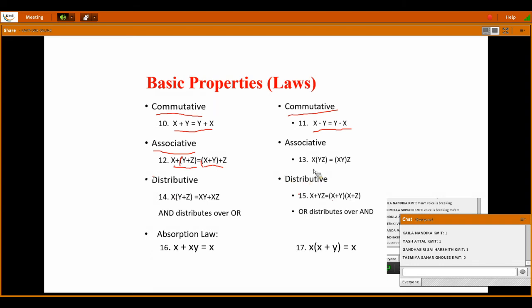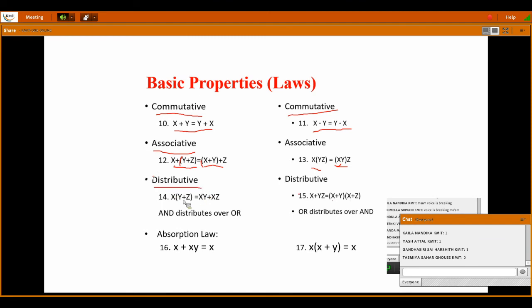Same thing here: x into yz, with yz in brackets, is the same as xy into z. Both mean the same.